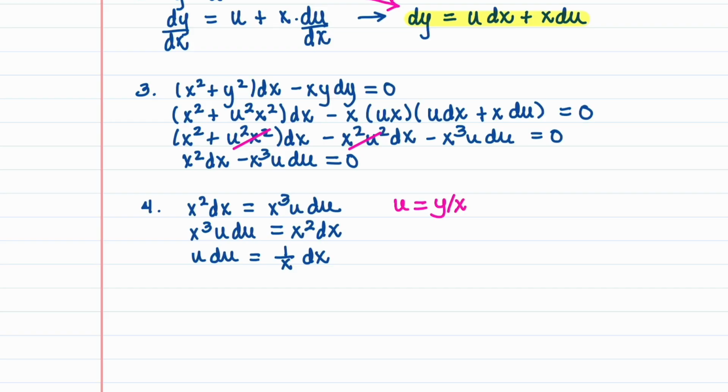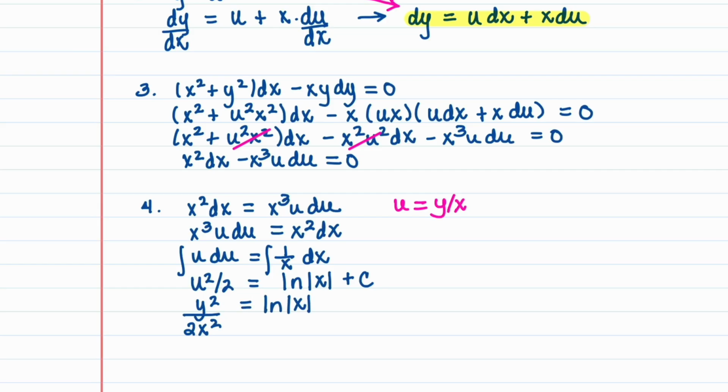We can then integrate both sides, and we get u squared over 2 is equal to natural log absolute x plus c. Now let's substitute in that u is y over x. This gives us y squared over 2x squared is equal to natural log absolute x plus c.